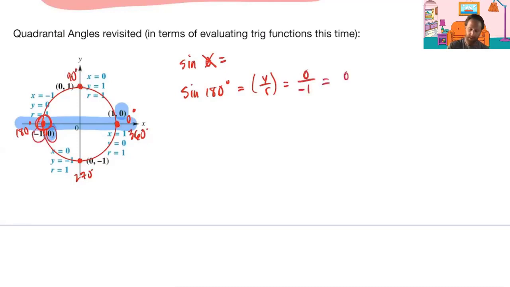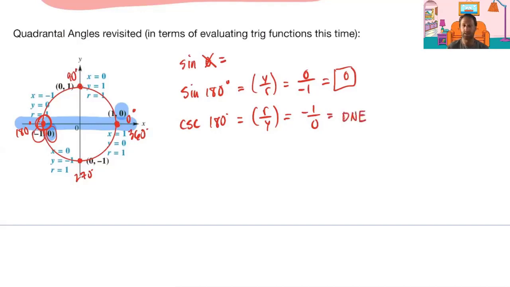We can take a 0 and divide it any number of ways, positive, negative, whatever. Our answer is 0. But if I was to ask you to take the reciprocal of that, cosecant, which is just flipping that and getting therefore r over y, that means I'd now have negative 1 over 0. I can't take any number of things and divide it 0 ways. So in this case, we'd have to say it does not exist.